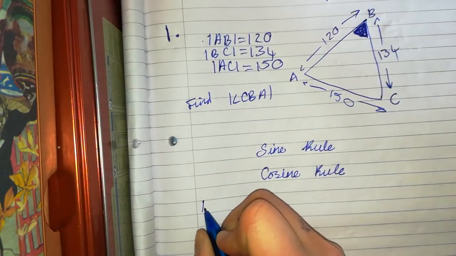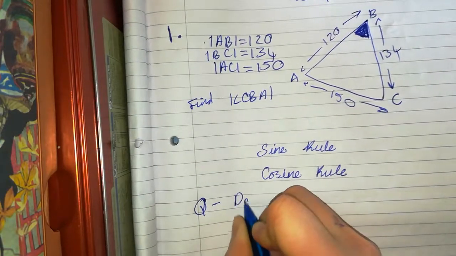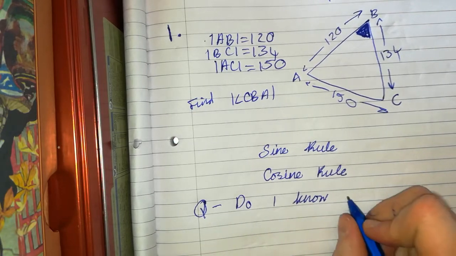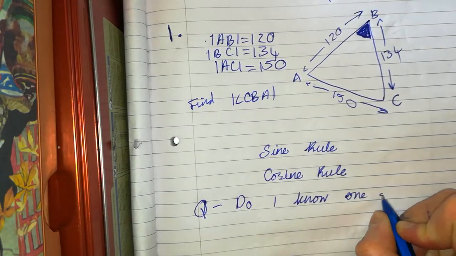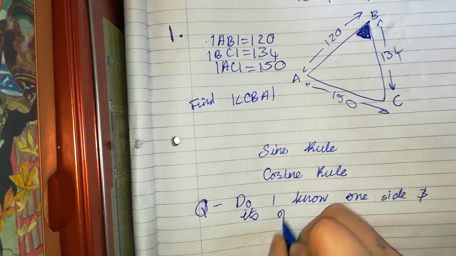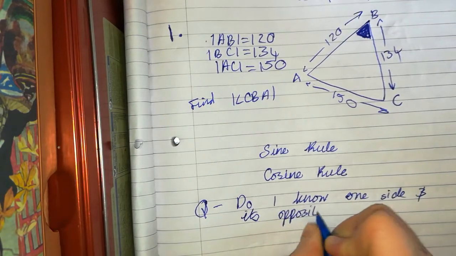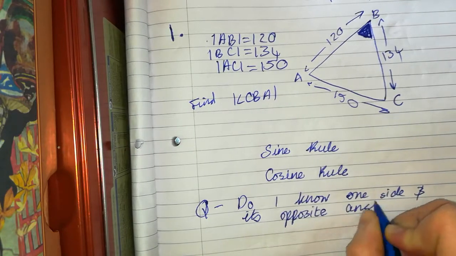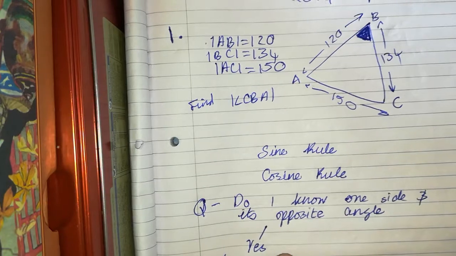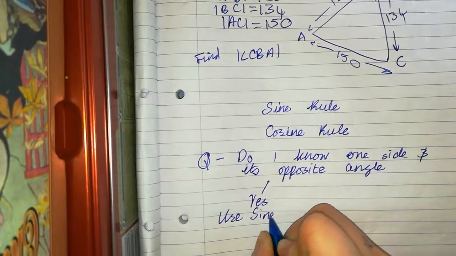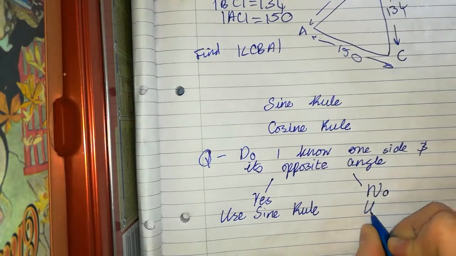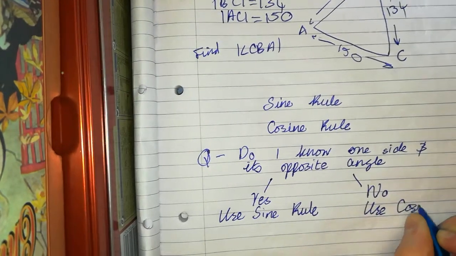I would ask myself the question, do I know one side and its opposite angle? If the answer is yes, use the sine rule. If the answer is no, I would use the cosine rule.